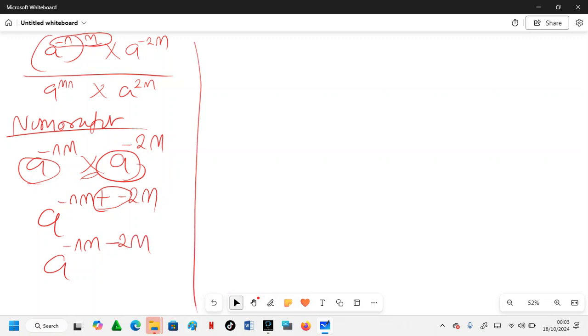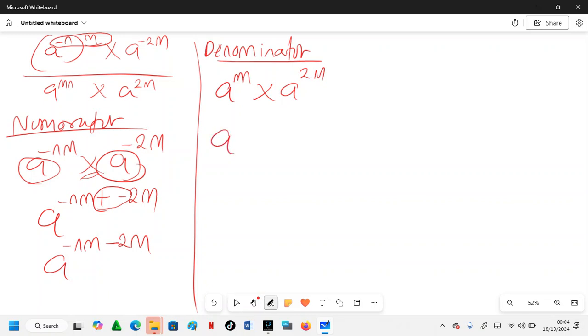You can look at the denominator. In the denominator we have a to power nm times a to power 2m. Again, now we add a to power nm. The nm and the mn is the same thing, it's multiplication, and then plus 2m, right?